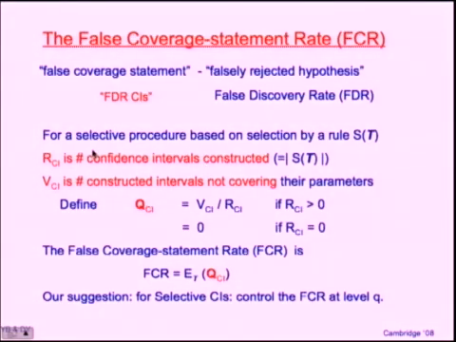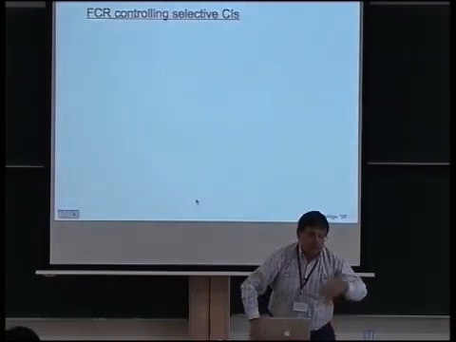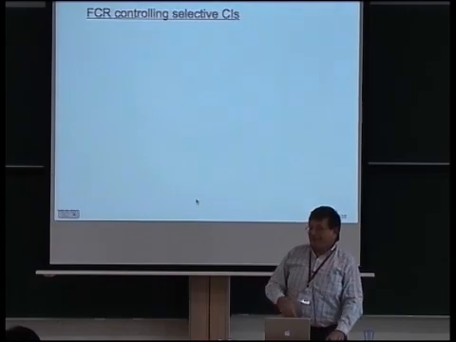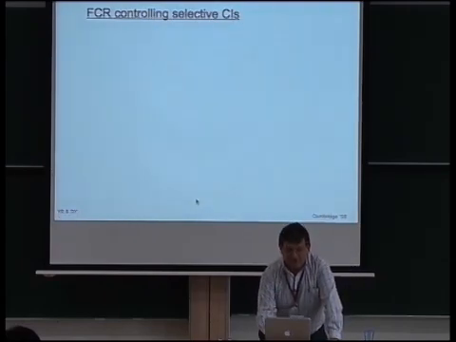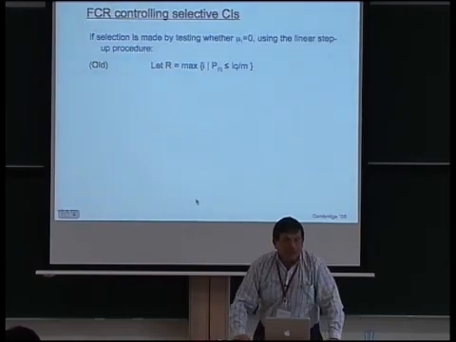We define it similarly for any selective procedure: if R_CI is the number of confidence intervals constructed, that is the size of the selected set, and V out of these confidence intervals do not cover their parameter, we define the proportion of the non-covering as V/R_CI if a confidence interval was constructed and 0 otherwise, and the false coverage statement rate is simply the expected value of this proportion. And we claim that it's a good thing to control the false coverage rate over the selected ones. Do we have a procedure that allows that?